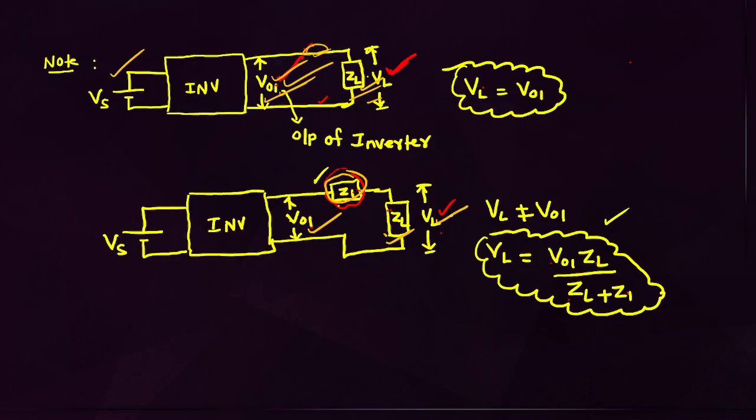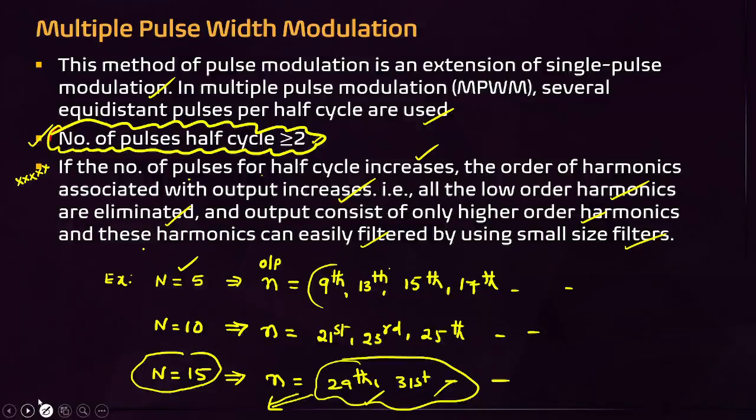Then you have to multiply this voltage by the load impedance divided by the total impedance. Understand? Very important observation. If there is no series element, the output of the inverter equals the load voltage. If a series element is present, it is not equal because there is some drop, and then we have to apply this load voltage calculation.